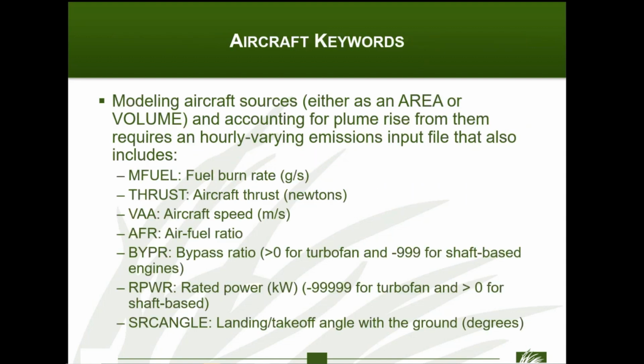In the aircraft keywords, AERMOD is now set up so that you can model aircraft sources either as an area or a volume source. When you use these aircraft keywords, you can now account for plume rise from them as well. To invoke the plume rise, you're going to have to have an hourly varying emissions input file.